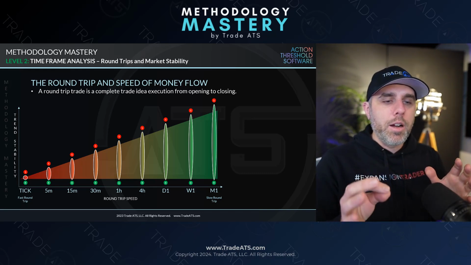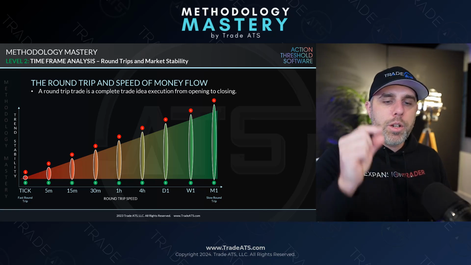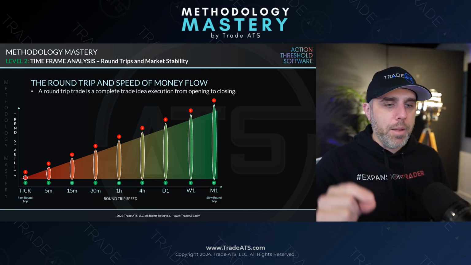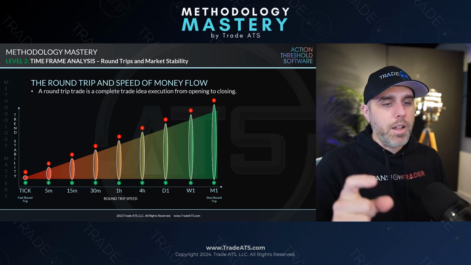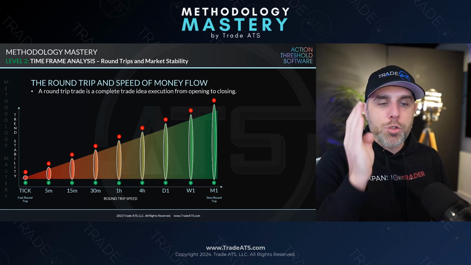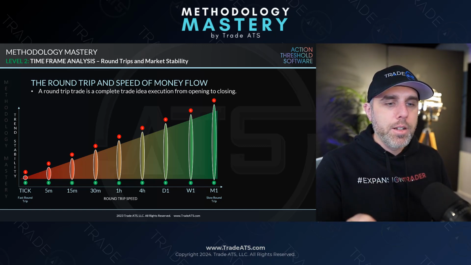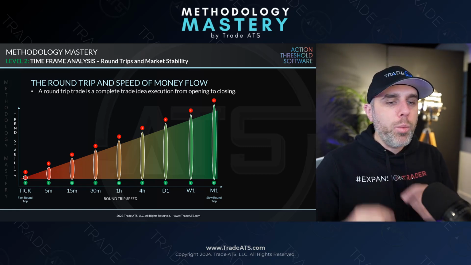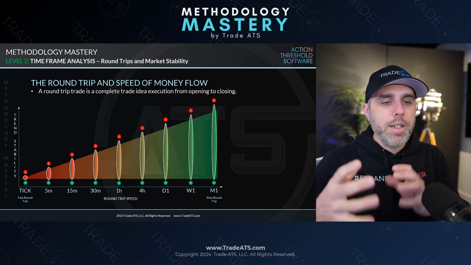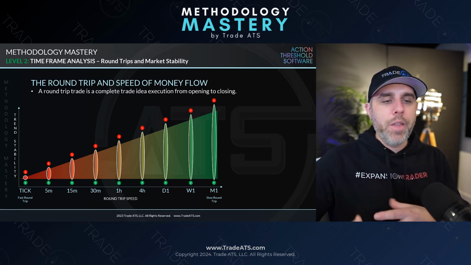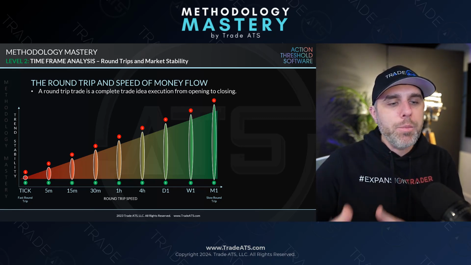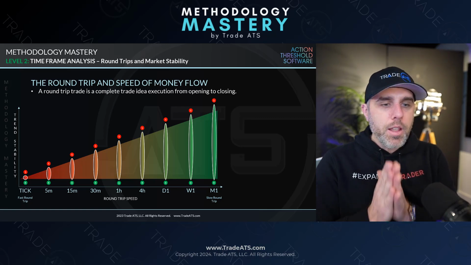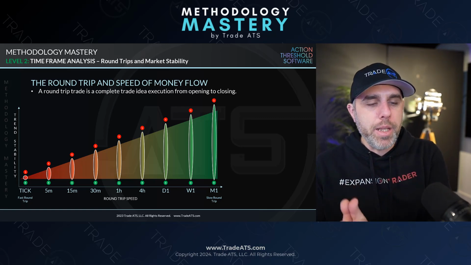That means if they're actively trading, they're going to be looking to make decisions to get in and get out 5 minutes at a time. It doesn't mean it has to always be in and out on 5 minutes, but what we're talking about is relative chart pattern for someone looking at a 5-minute chart. Their round trip speeds are all going to be condensed around the patterns and the beliefs that time frame creates in general. That will affect their round trip speed.